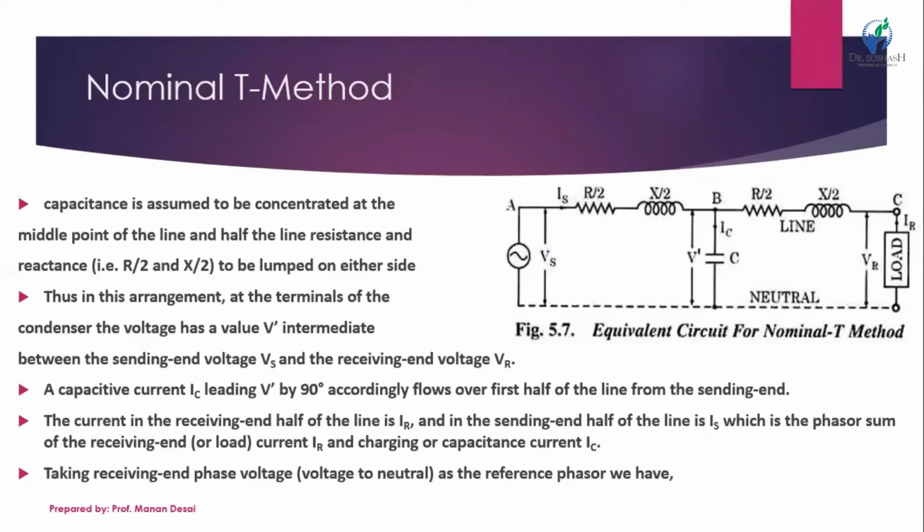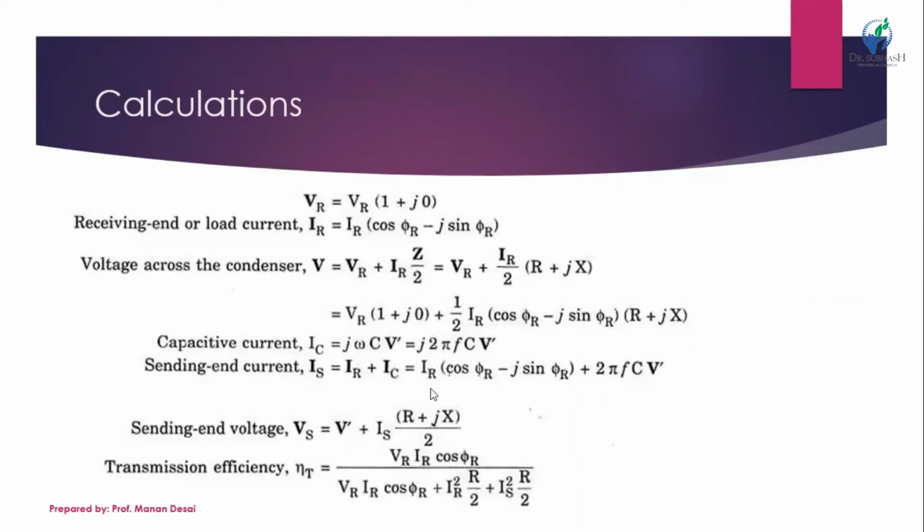The sum of both currents is IS. Now for IR, we have IR (cos phi R minus j sin phi R), and we put here plus IC, where IC is j 2 pi f CV. Okay, so we got IS, the sending end current.